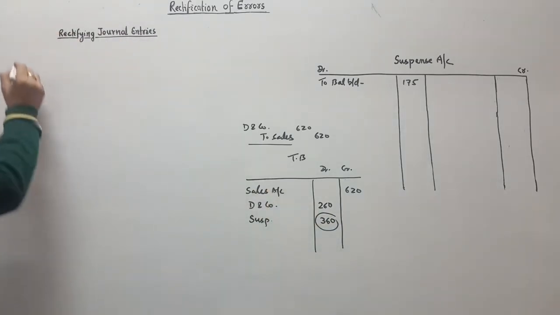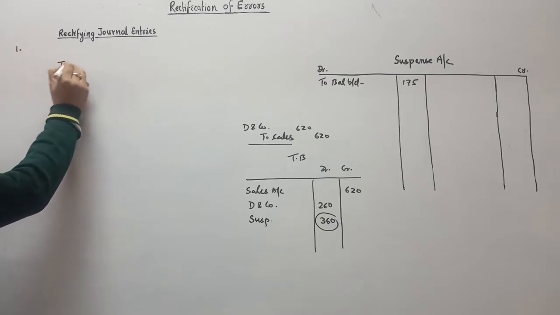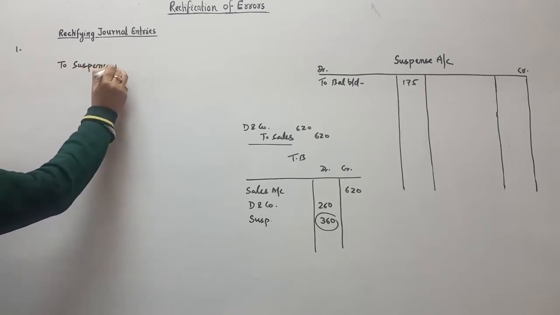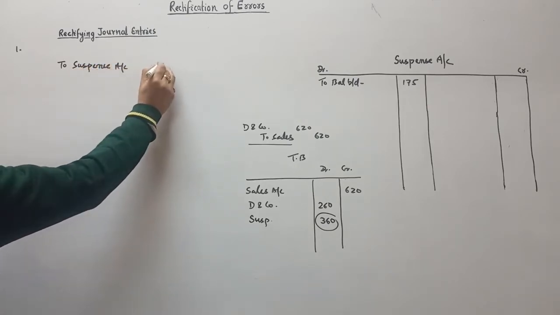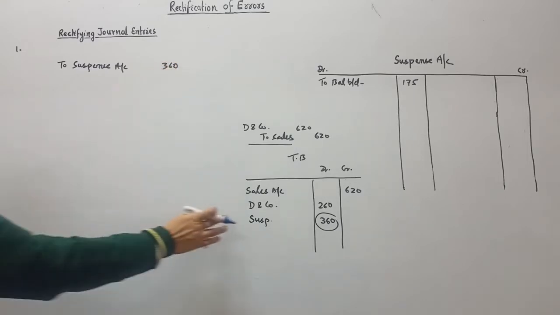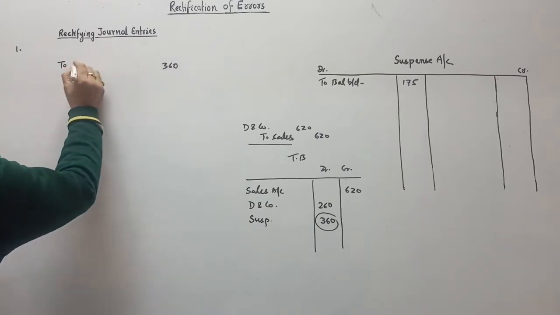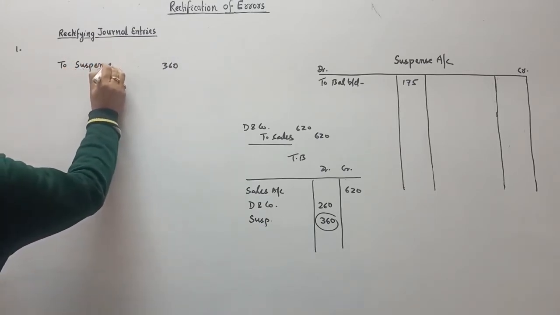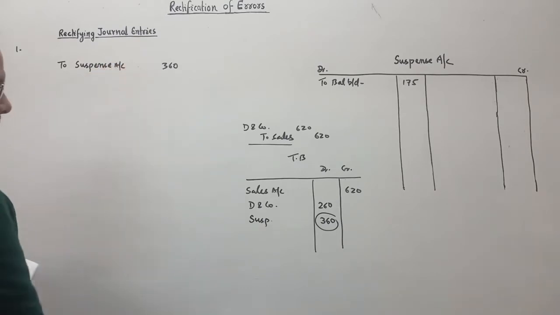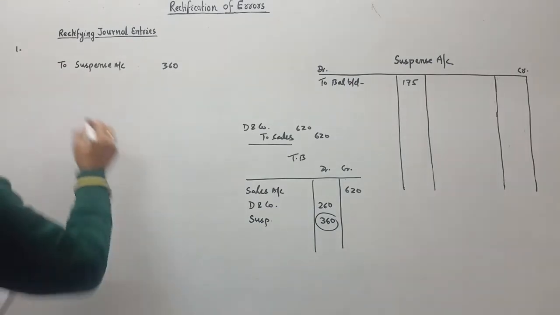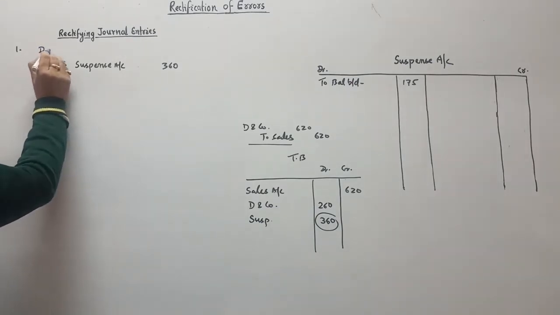So at the time of rectification, what will we do? We have to credit the suspense account. The suspense account will be cancelled, 360. And in D and Company we have written a smaller amount, so we have to debit D and Company.